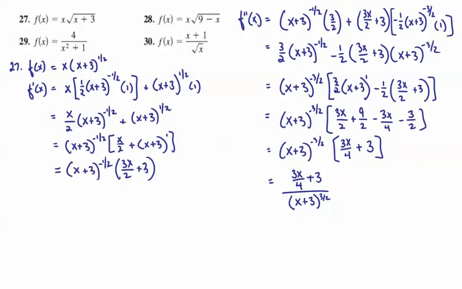And if we multiply top and bottom by 4, it might be a little bit neater. We'll have 3x plus 12 over 4 times (x plus 3) to the 3 halves, and one more, factor out the 3: 3 times (x plus 4) over 4 times (x plus 3) to the 3 halves, and that is our second derivative.